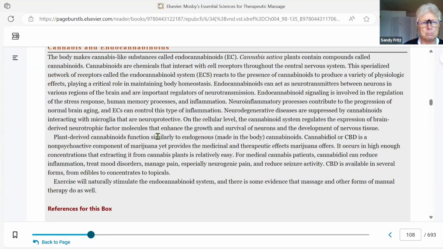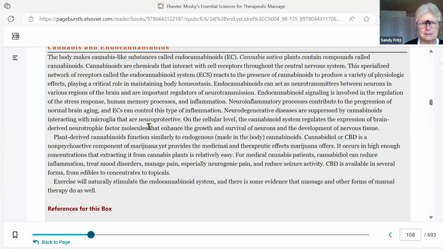So we want to be able to deliver a firm, pleasurable pressure to people. That the cannabinoids may be where that is affecting. And the nice thing about that is that nerve pain, neuropathic pain, neuritis, that's very hard to control. Opiates don't work on that very well, but the cannabis does.